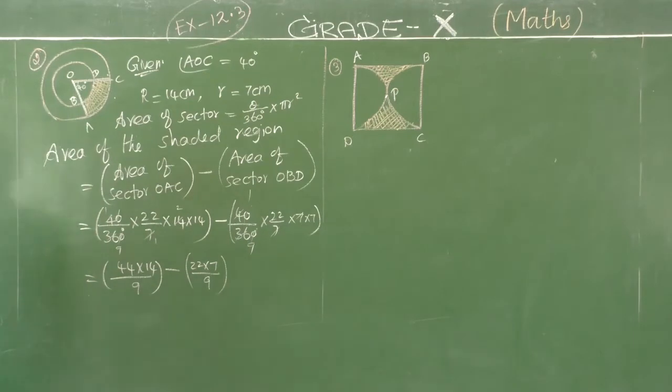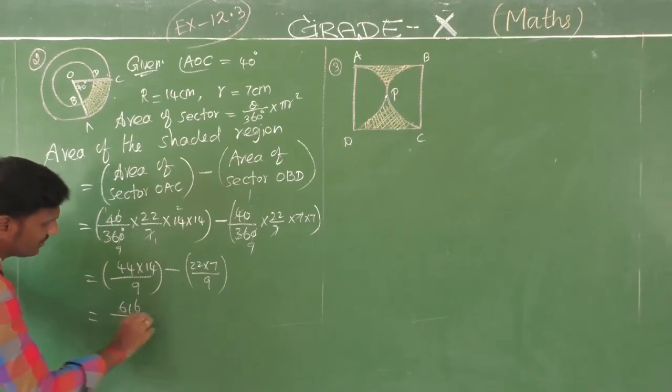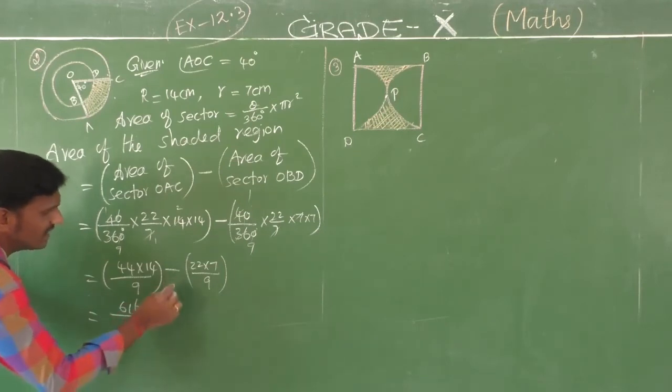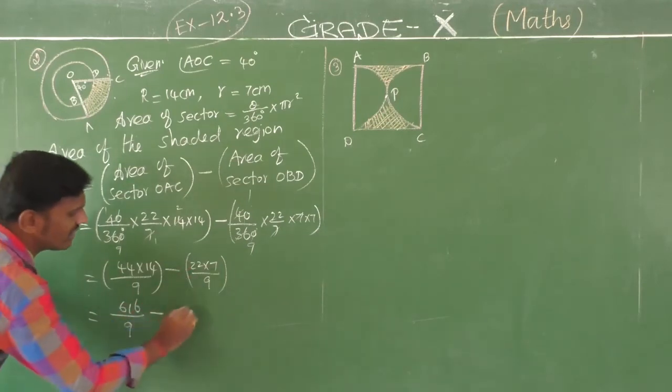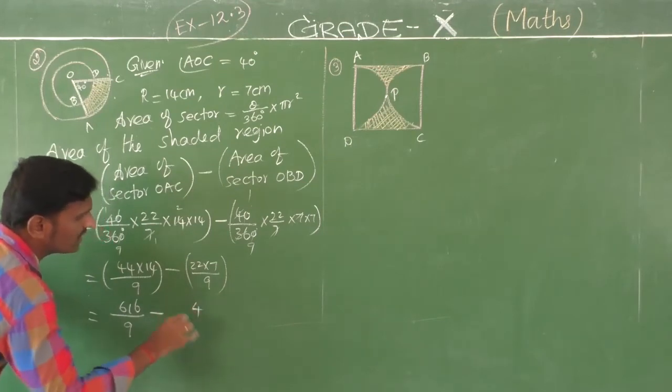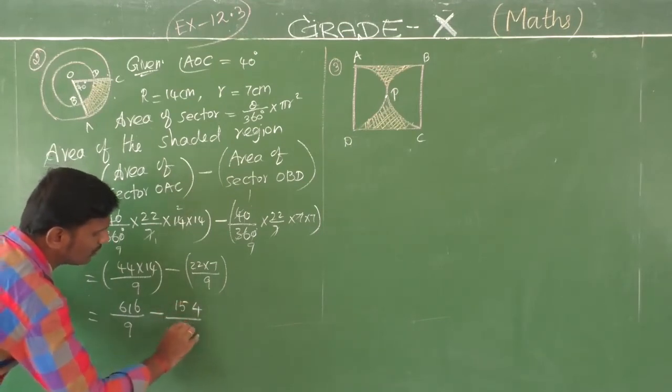Now multiply 44 into 14. 4 4s are 16, remainder 1, 4 4s are 16, 17. So again 1 4s are 4, 1 4s are 4, again 1 4s are 4. So 616 by 9. Minus 22 7s are very simple. 7 2s are 14, remainder 1, 7 2s are 14. So 154 by 9.